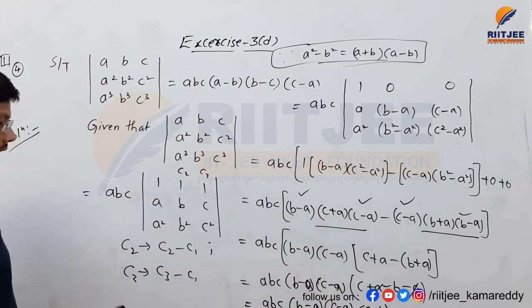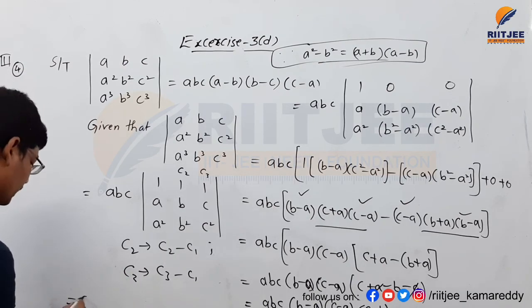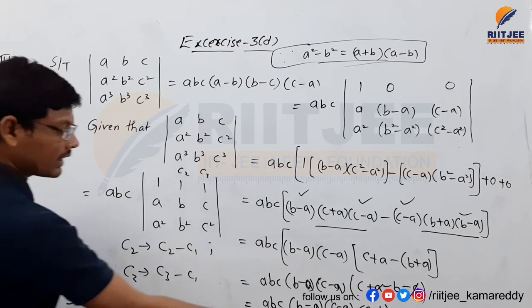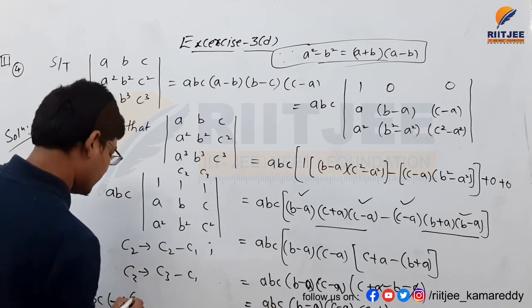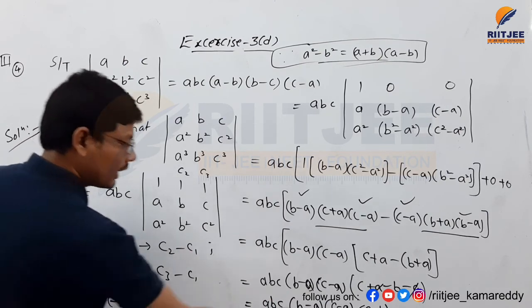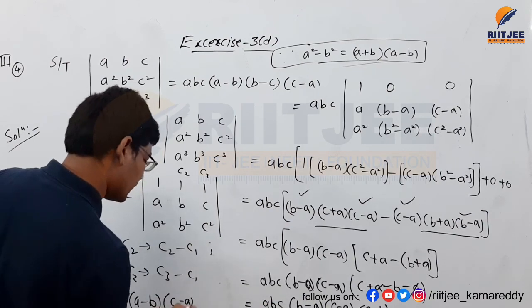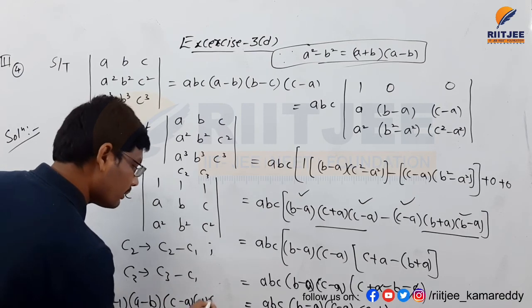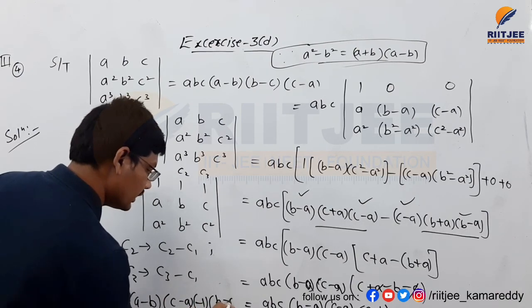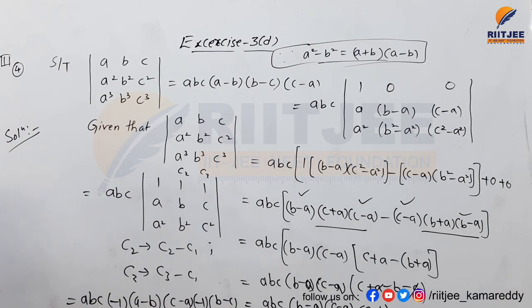So I am writing this as abc into, taking minus 1 as common here: it becomes a minus b, and this term c minus a needs no change. Here I also take minus 1 common, so it changes to b minus c. Minus 1 into minus 1 becomes plus 1.